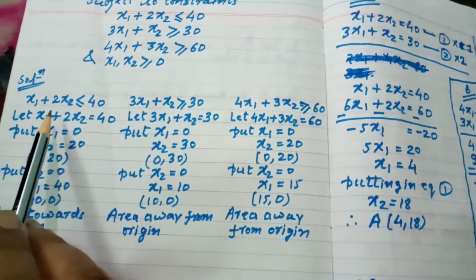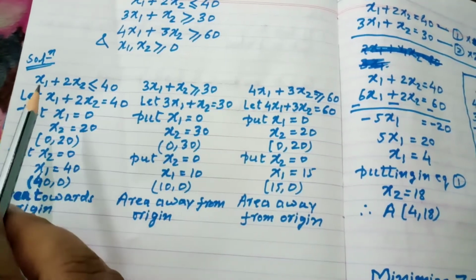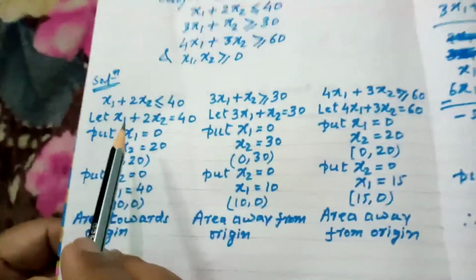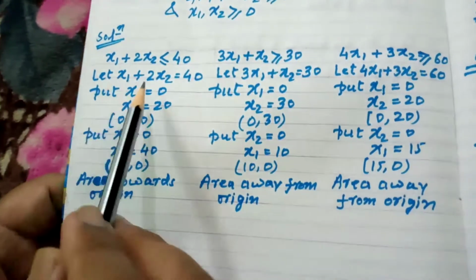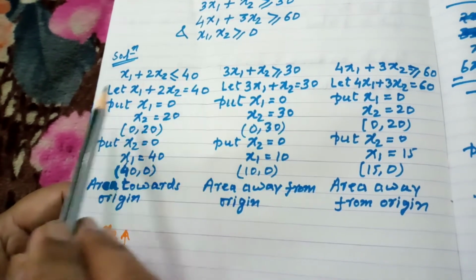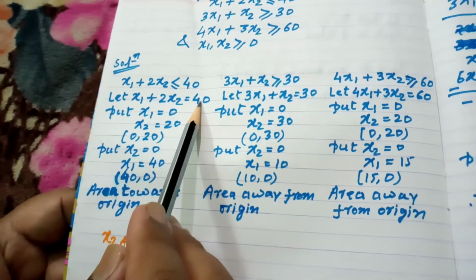Following the usual procedure, we have written down all the constraints, and first of all we'll convert them into linear equations, and we'll find 2 points in order to draw them. So coming to the first inequation, x1 plus 2x2 less than equal to 40. We have converted it into an equation, x1 plus 2x2 equals 40.